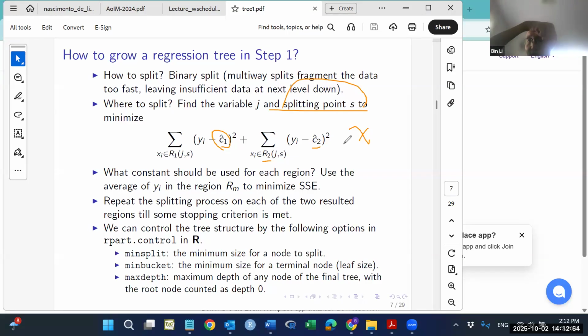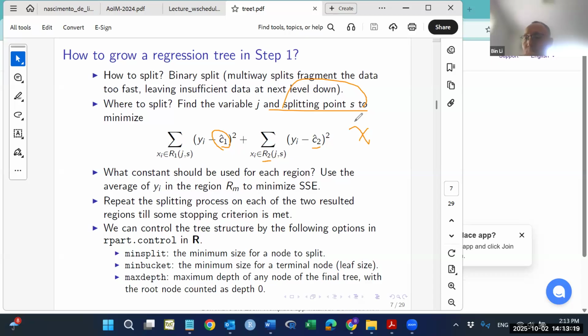We start with splitting at the smallest value, let's say x1, then x2, x3, until the maximum, and do the splitting at these unique values of x. And then you update the y average, and you can easily find the optimal splits.